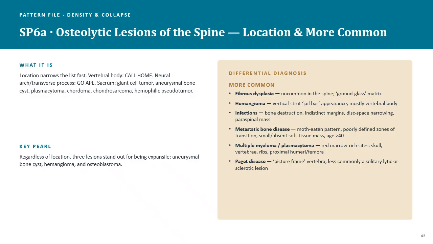Metastatic diseases produce what we call moth-eaten areas of bone destruction. Basically, like a moth eats away at clothes and causes holes, we're seeing that type of destruction going on.